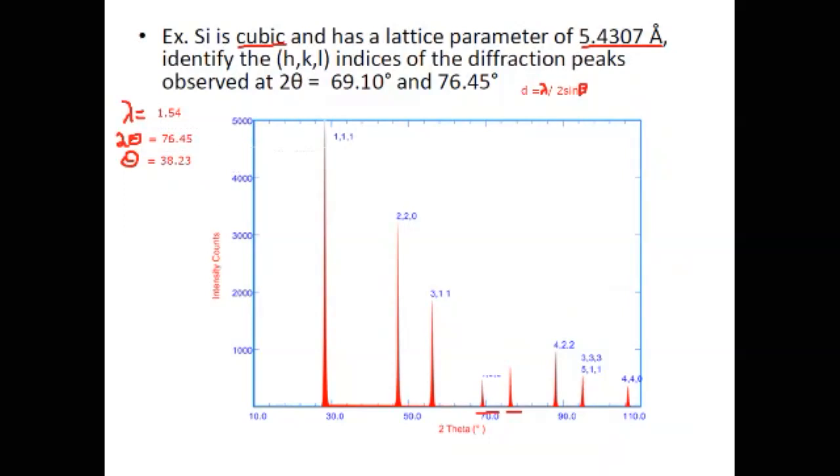Now we want to calculate what the D spacing is. So D equals 1.54 divided by 2 times sine of 38.23. So the D spacing is 1.244.